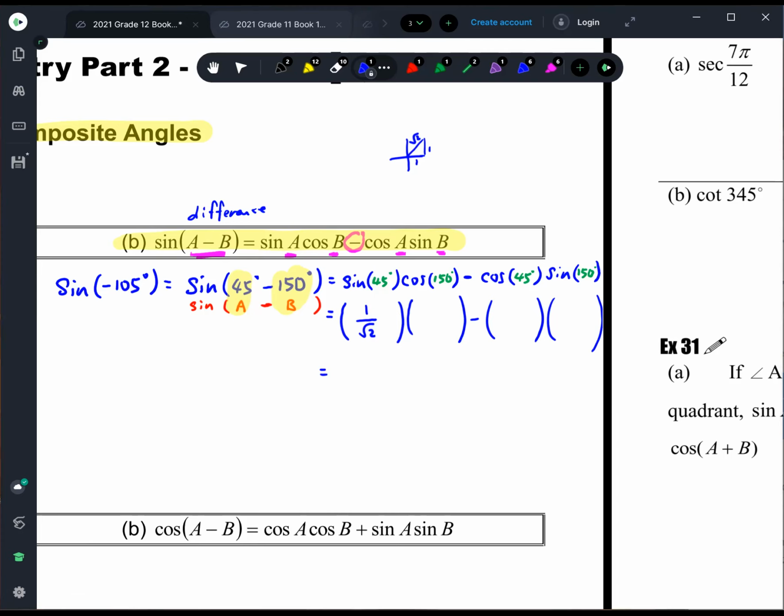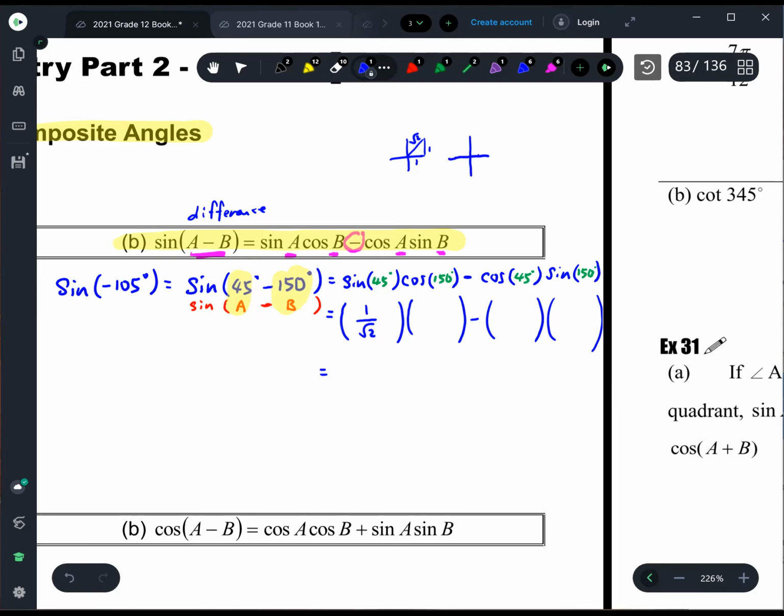Okay, so the next one, cosine 150. Then you need to draw 150 degree, right? Draw angle. Draw angle 150 degree will be there. So you think about what's the reference angle, and then fill in the sides. Don't forget to check positive or negative.